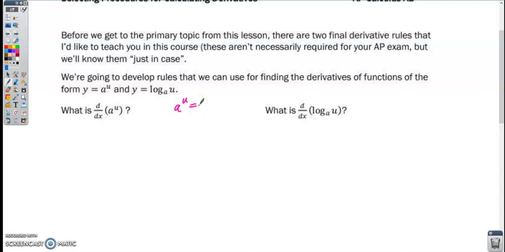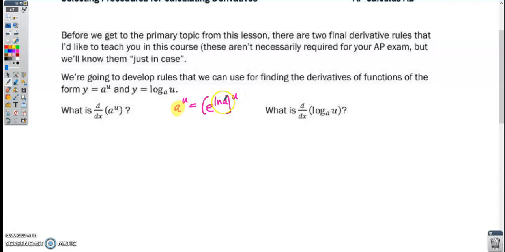And therefore this constant a here can be written in a slightly different form for our purposes. We can write that as e to the natural logarithm of a. And that's equal to the same thing. And so a to the u can be rewritten as e to the natural logarithm of a raised to the u power.